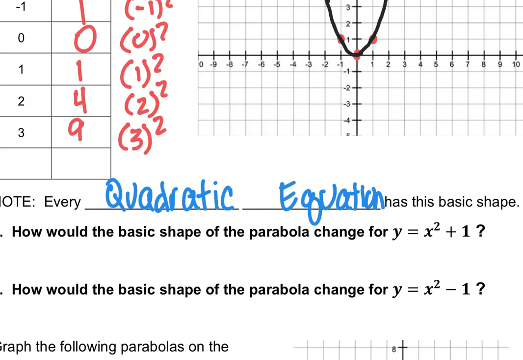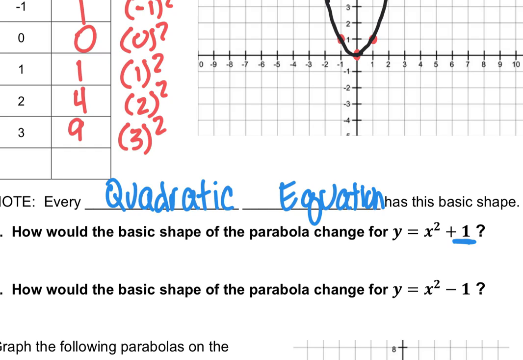It says, number 1, how would the basic shape of the parabola change for y equals x squared plus 1? So we're looking at this plus 1. We know x squared is that parabola, right? We just saw that up here, that's our parabola. Now plus 1, what does plus 1 mean about this?